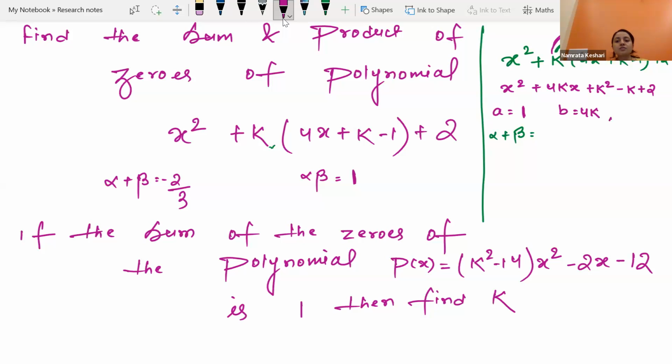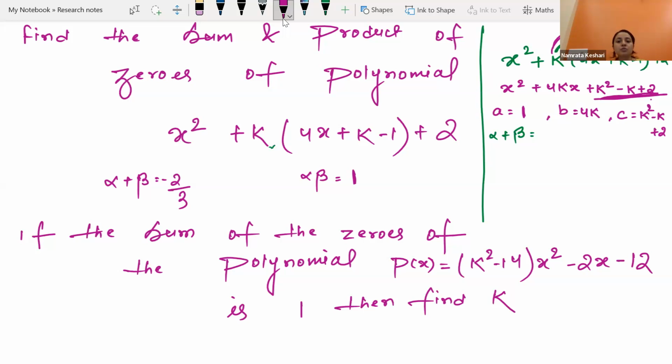And whatever is without x square and x, without any variable, those terms are just the constant term. So c is nothing but k square minus k plus 2. Whatever is without any variable, even if it looks like p, m, k, these are just constants. We will treat it like a constant. So here c is k square minus k plus 2.